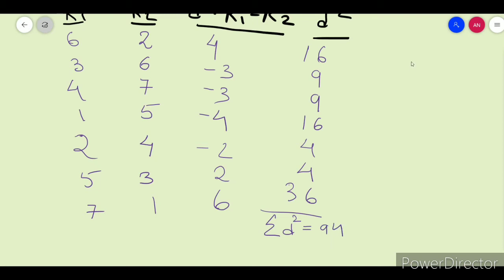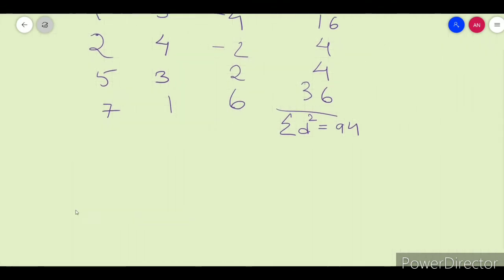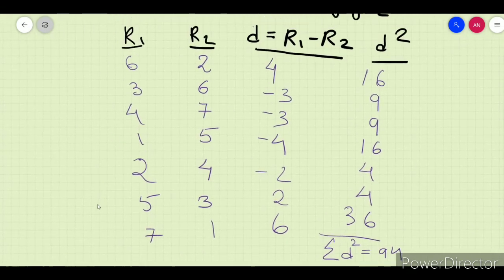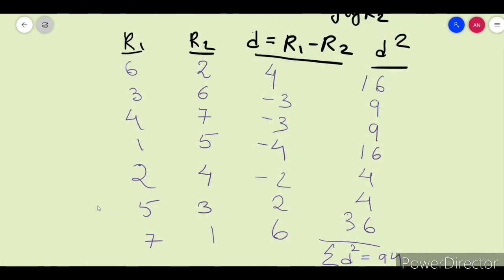So now we can apply the formula. We know that to find the rank correlation, this is the formula: R = 1 minus 6 summation D square divided by n times n square minus 1. N is nothing but the number of pairs. So how many pairs do we have here? This is one pair, 6 and 2, 3 and 6, another pair.